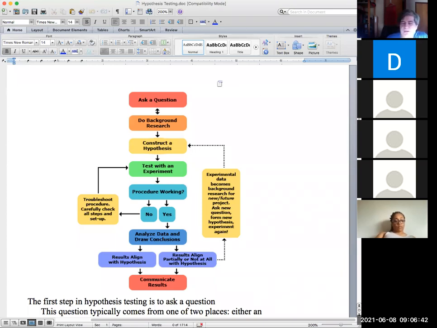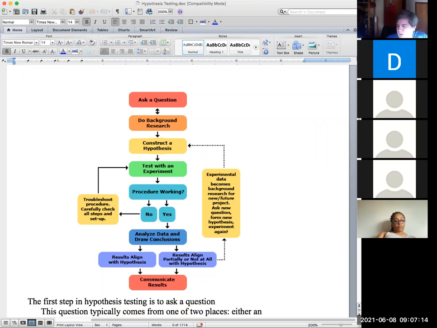So let's think about the steps involved in hypothesis testing. And when we test a hypothesis, we test it in something called an experiment. So the first step is to ask a question. So think about the famous story that a lot of us heard back when we were in grade school. An English naturalist, he would have been called a naturalist at the time, not a scientist, Sir Isaac Newton, is sitting under an apple tree.